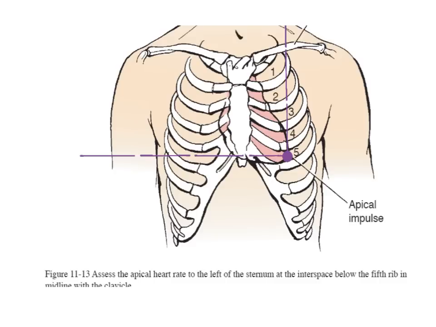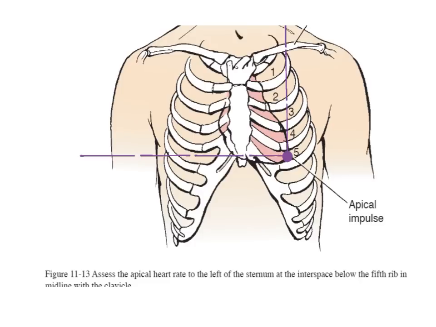The apical pulse is the heart rate counted at the apex of the heart on the anterior chest. Used for giving medications, it's a more accurate measurement. As you can see, the fifth rib in the midline with the clavicle is where you will find your apical impulse.